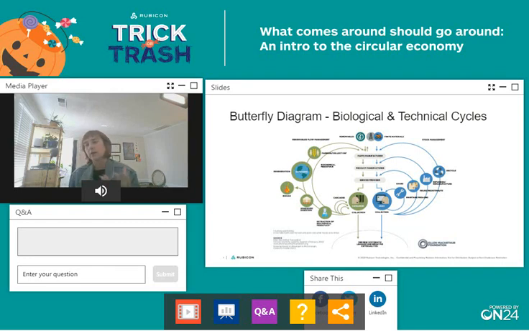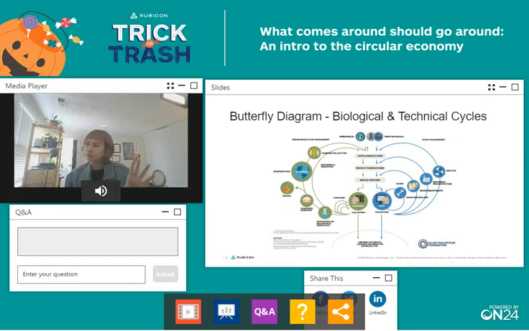When we look at the left side in green at the biological cycles, a good example to think about would be a food system. If we start at the bottom where there's the consumer, you'll see all the smaller circles in the middle. That could represent, for example, sharing food with others, taking unsold food and redistributing it.